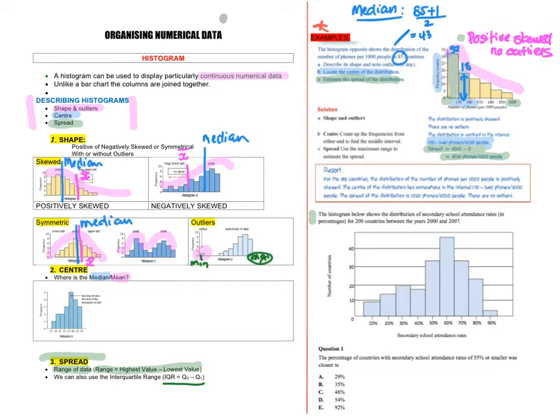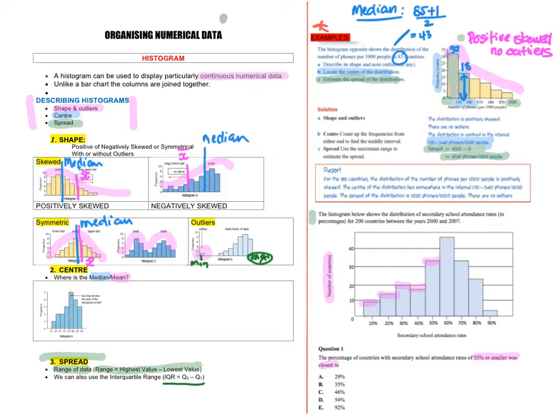It's actually a count histogram. It's just that the categories have to do with a percentage. The question says the percentage of countries with secondary school attendance rate of 55% or smaller. So here's the 55% and smaller, all of those.